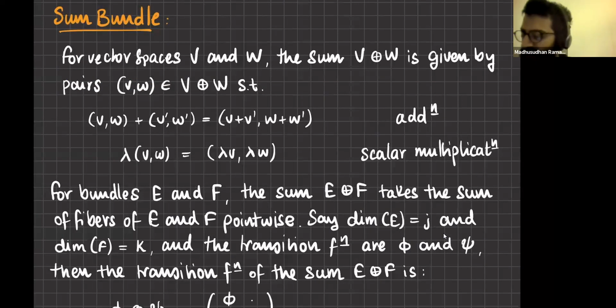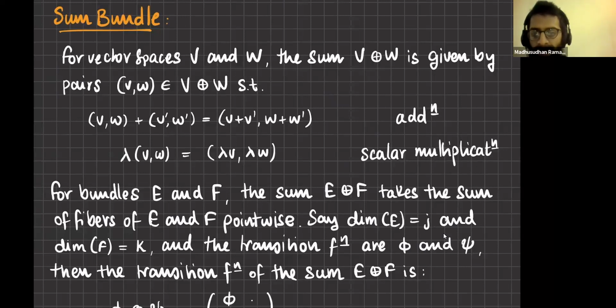So for bundles E and F, the direct sum, or the Whitney sum, E plus F, just takes the sum of the fibers of E and F pointwise. E and F will have the same base space.